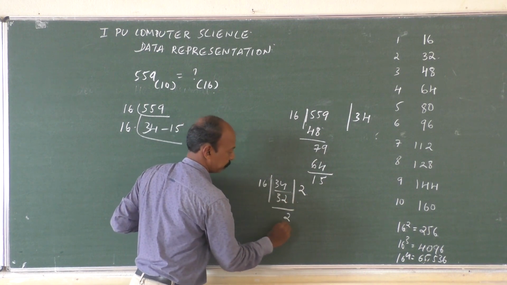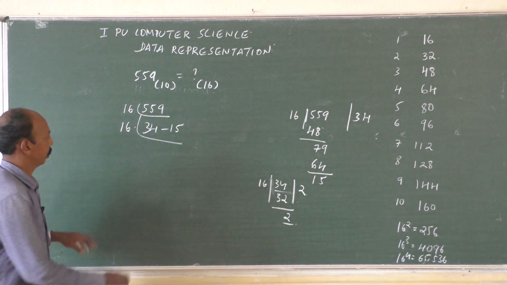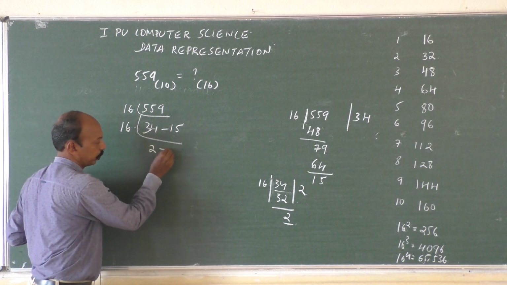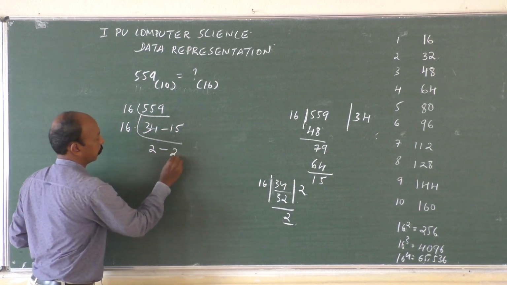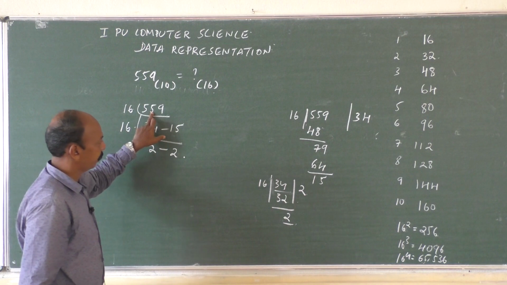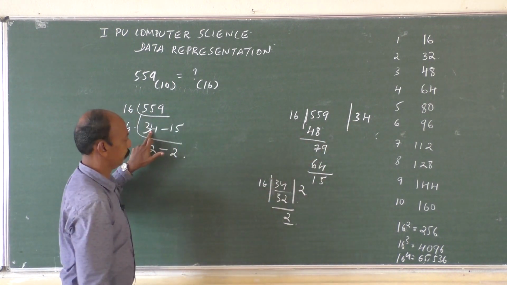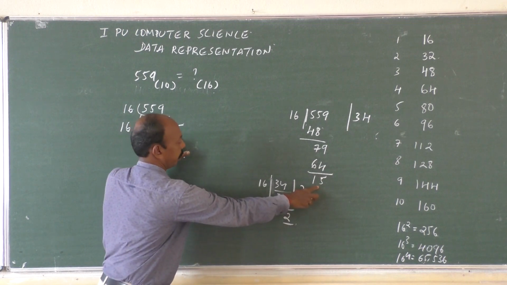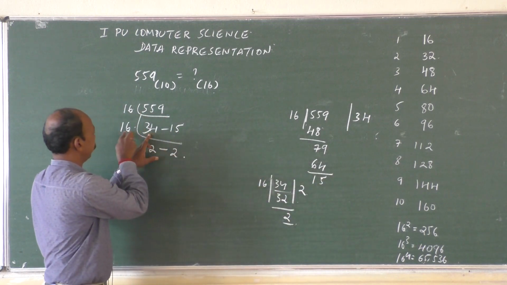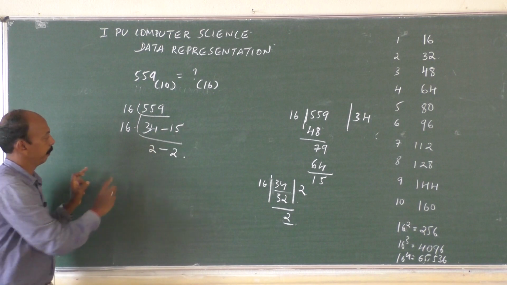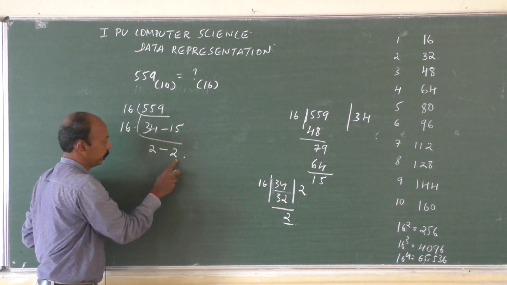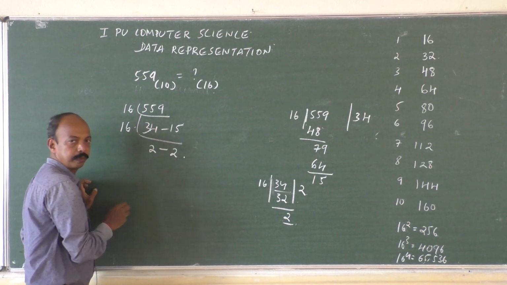So remainder is 2. In this case, for 559, we got 34 and remainder 15, that we have written. Again, divide 34 by 16. The quotient is 2, remainder is 2.